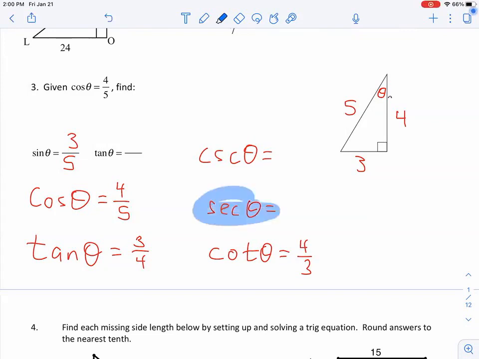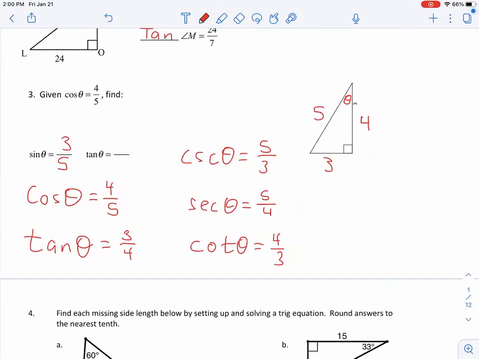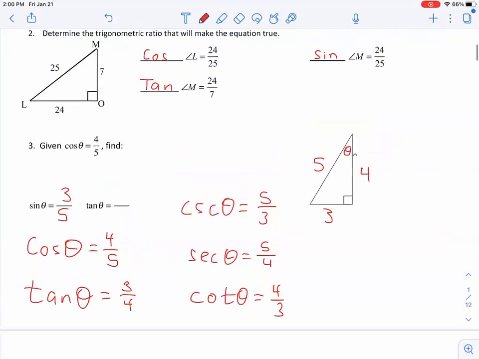The secant will be the cosine flipped over, which will be 5/4. And the cosecant will be 5/3 because it is the sine flipped over. So we're just trying to get used to the relations between the angles and the sides, and how those trig ratios are related to each other out of the 6 of them. Okay, any questions before I have you try some?